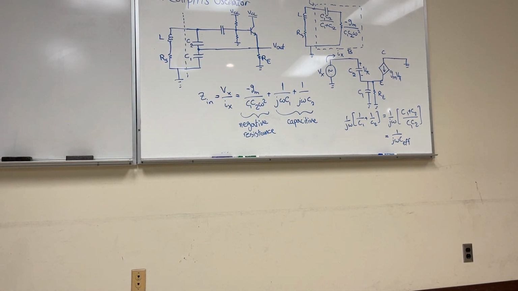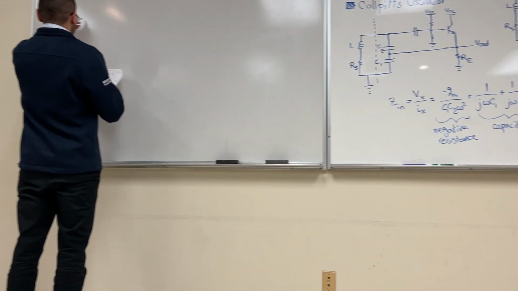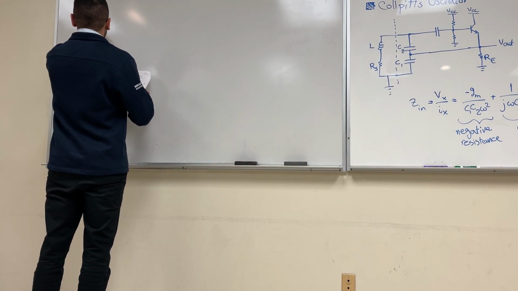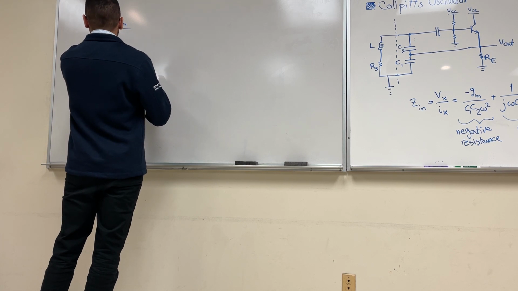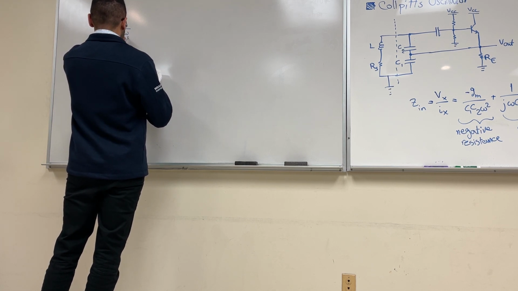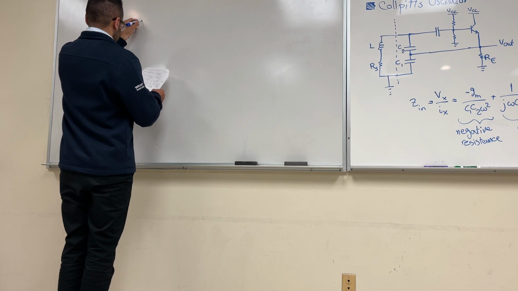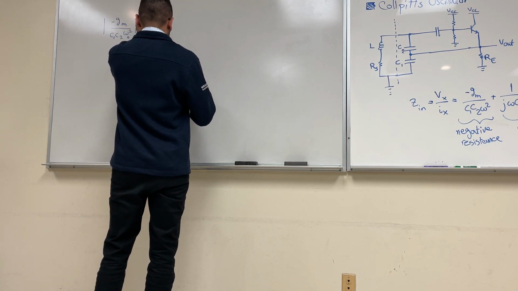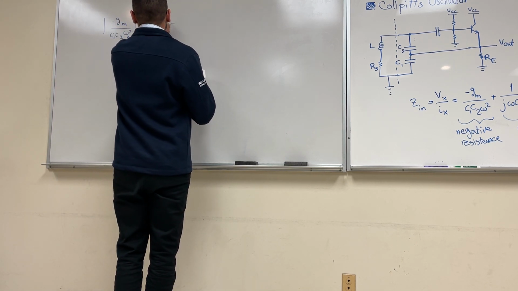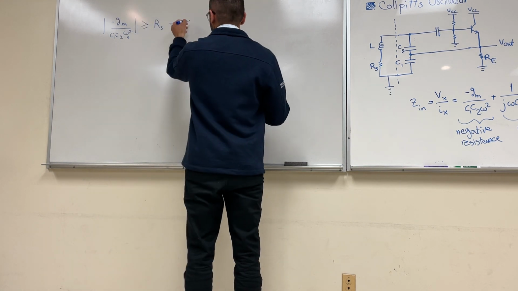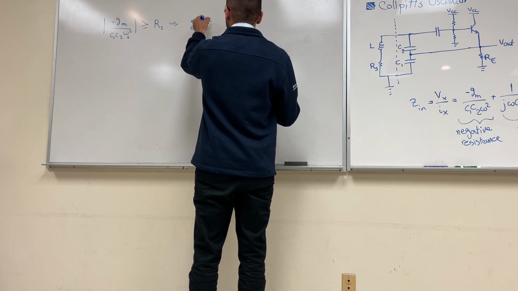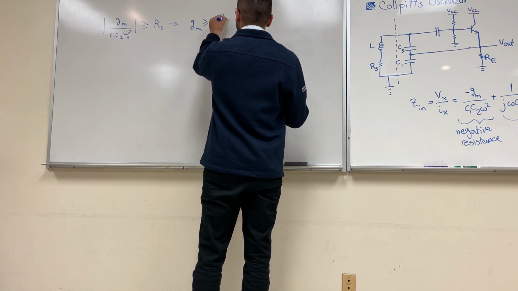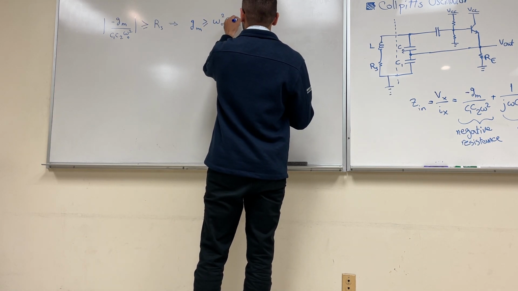So the rule that we will follow is that negative GM over C1, C2, omega naught squared has to be larger than or equal to RS. Or in other words, GM has to be larger than or equal to omega naught squared C1, C2, RS.